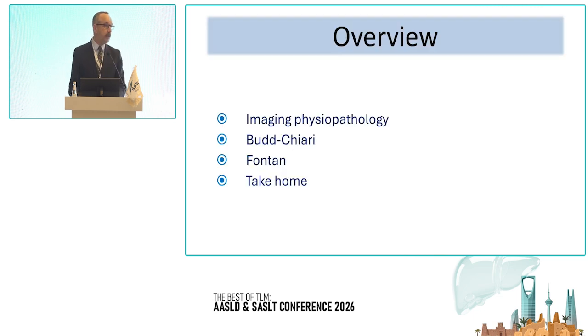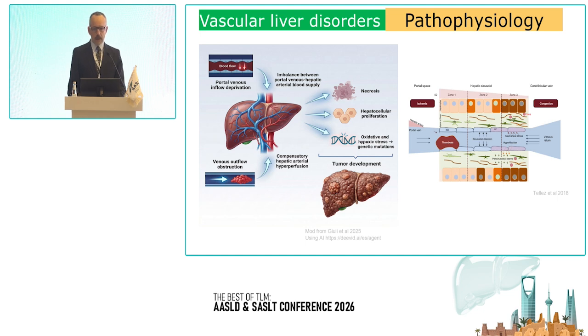So I have divided the agenda, and I will speak very briefly about physiopathology, but talking about imaging, what's the image part of physiopathology. Most of my topic will be about Budd-Chiari and a bit about Fontan. So the main driver of the nodules that do appear in these livers is a lack of portal inflow.